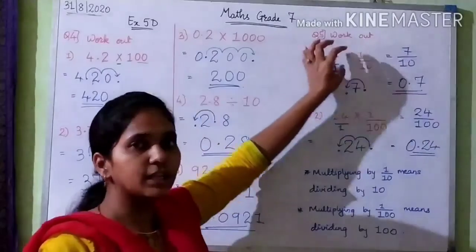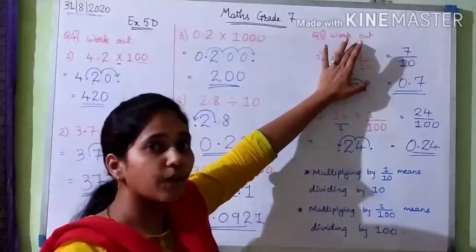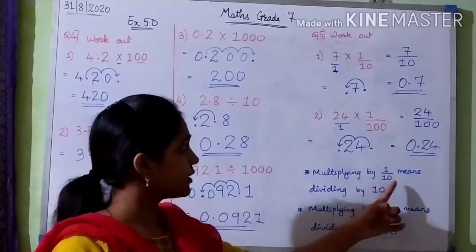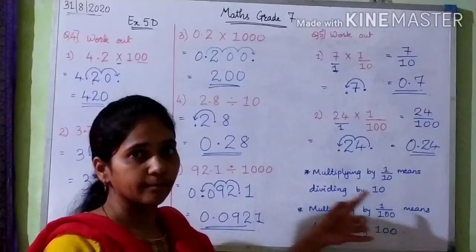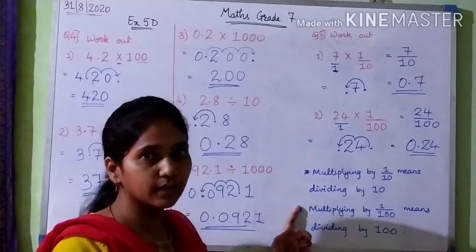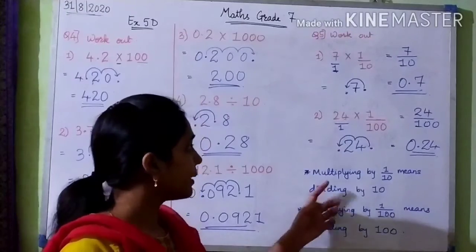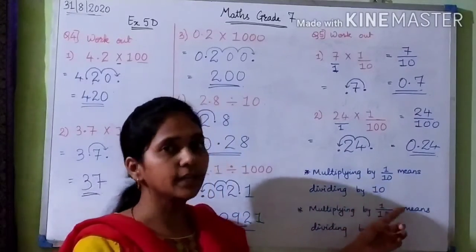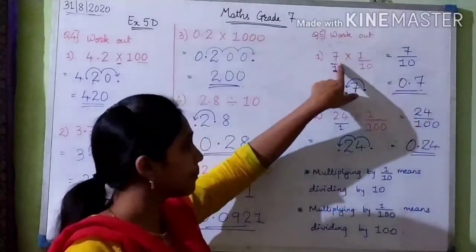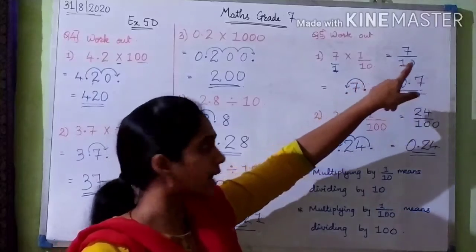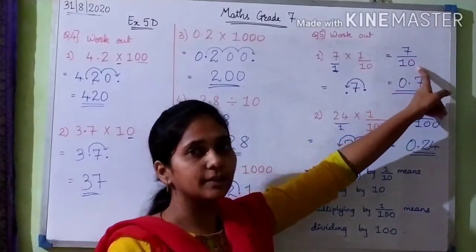See, it is 1 by 10 here and afterwards it is 10. So understand the difference between the two. This statement you need to understand: multiplying by 1 by 10 means dividing by 10. If we are multiplying a number by 1 by 10, it is similar to dividing the number by 10.